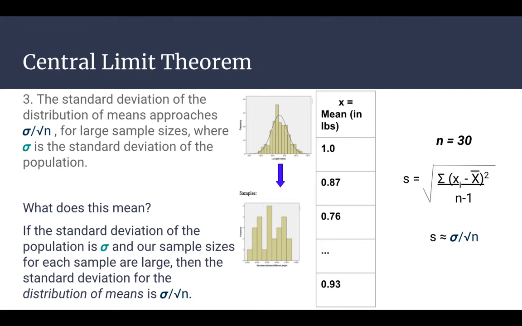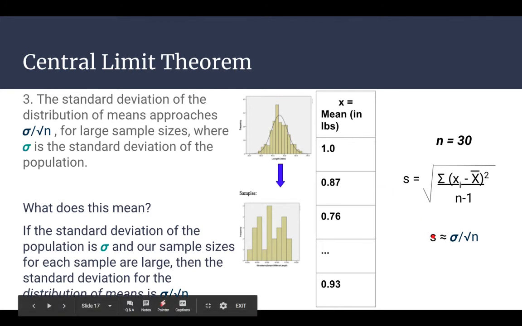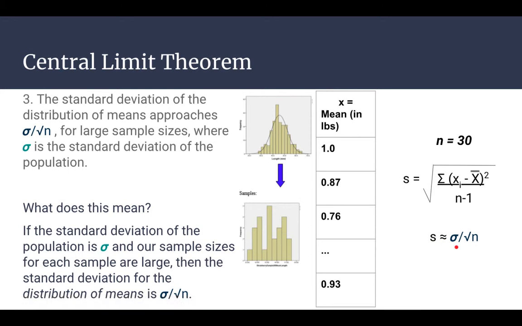The central limit theorem says that if you were to endlessly repeat this process of sampling these strawberries and recording the average weight of these strawberries per sample, then the value of this s should be about equal to the population standard deviation divided by the square root of the sample size that you drew from the population to begin with.